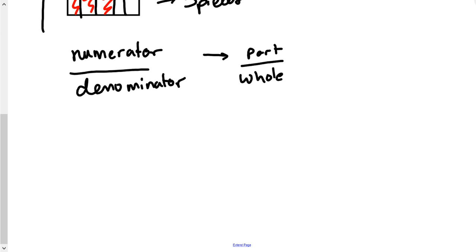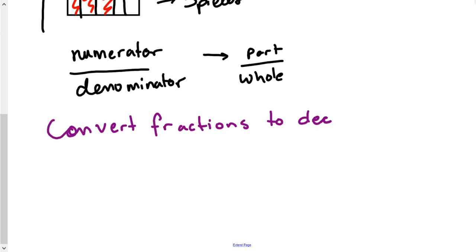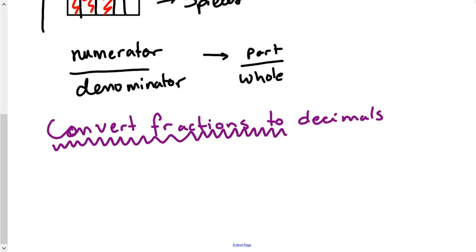The next thing that we're going to look at is quickly converting fractions to decimals. I have a section on this in the worksheet, and you can just plug it into your calculator to figure out what the decimal value is, but I'll definitely give you a bonus point if you do the long division.